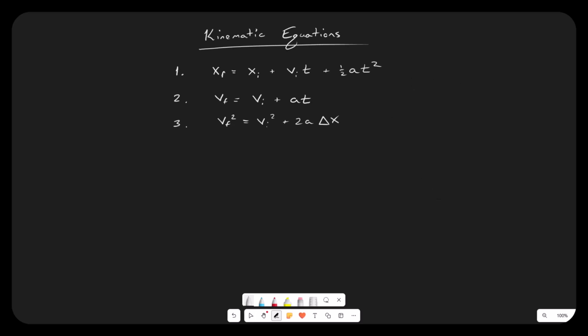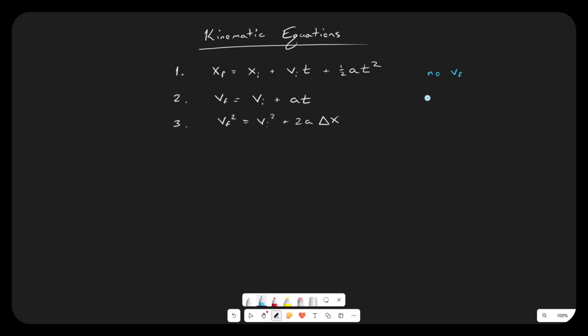There are a lot of variables in these equations, so seeing all this can be kind of a daunting thing. For me, instead of viewing these equations in terms of what's in there, I think it's actually a little bit easier to view these in terms of which variables are missing out of these. This first equation doesn't have any information about v final.